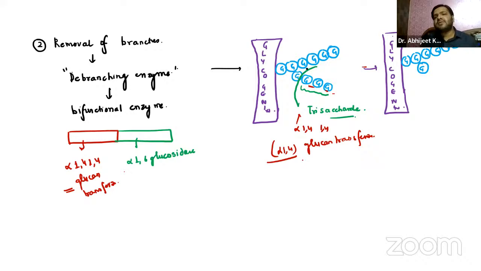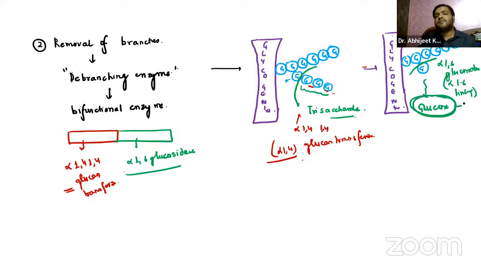And only one glucose is left over here right now at the branching point. So here which enzyme will act? That is alpha 1,6 glucosidase. Alpha 1,6 glucosidase will act over here and it will cut this branch. That is the alpha 1,6 linkage. Right? And glucose will be removed.